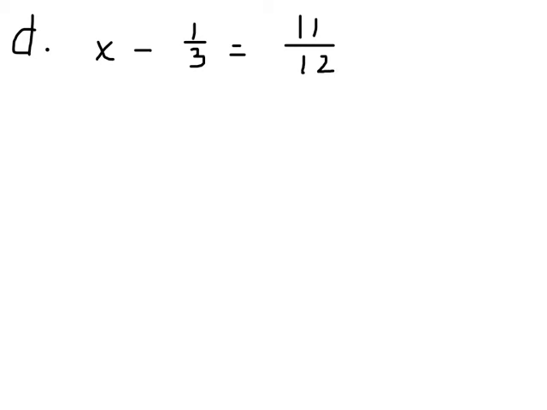And here, 3 times 4 is 12, so 1 times 4 is 4, and 11 plus 4 is 15 over 12. We can reduce that to 1 and 3/12, which again will reduce to 1 and 1/4.